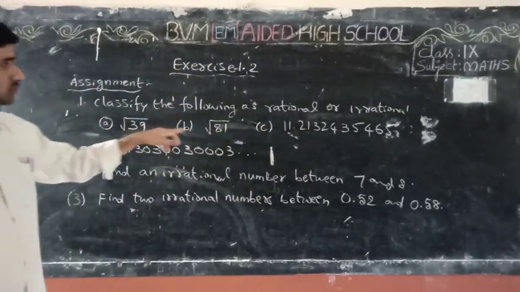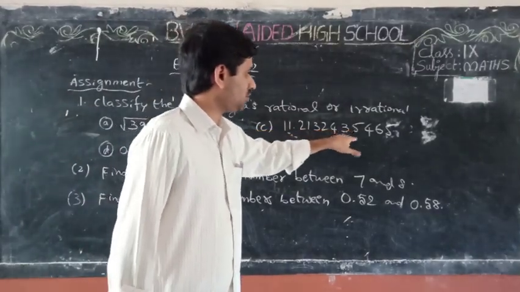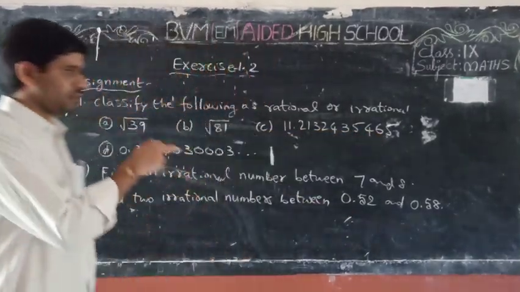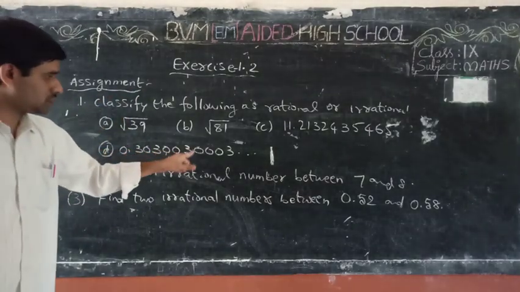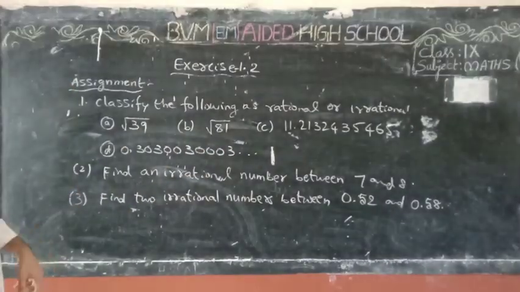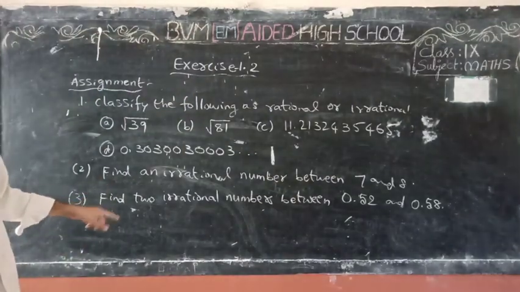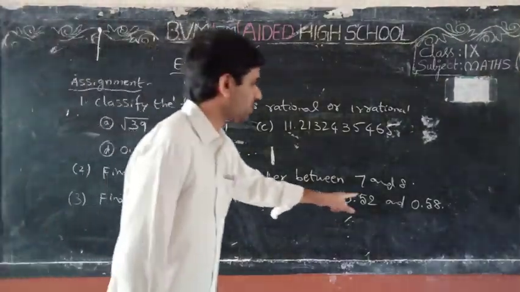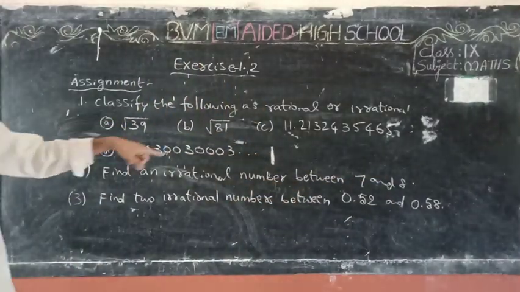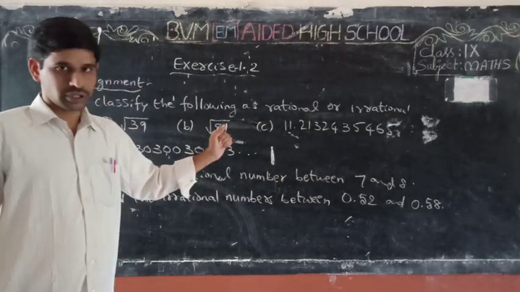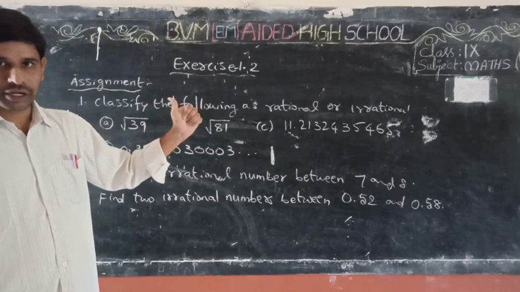So, assignment: classify the following as rational or irrational. First one root 39, second one root 81. Third one 11.2132435465, verify whether it is terminating or non-terminating. Then 0.3030030003. Second question, find an irrational number between 7 and 8. Third one, find two irrational numbers between 0.52 and 0.58. When decimals are given, first verify whether they are terminating or non-terminating.